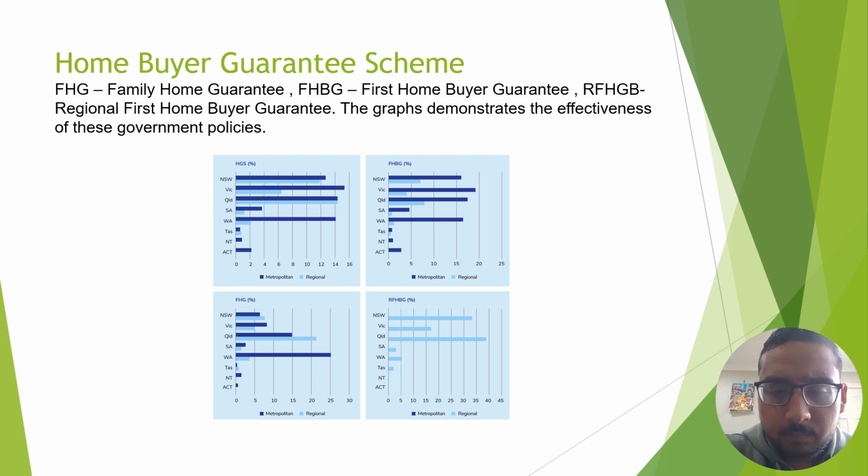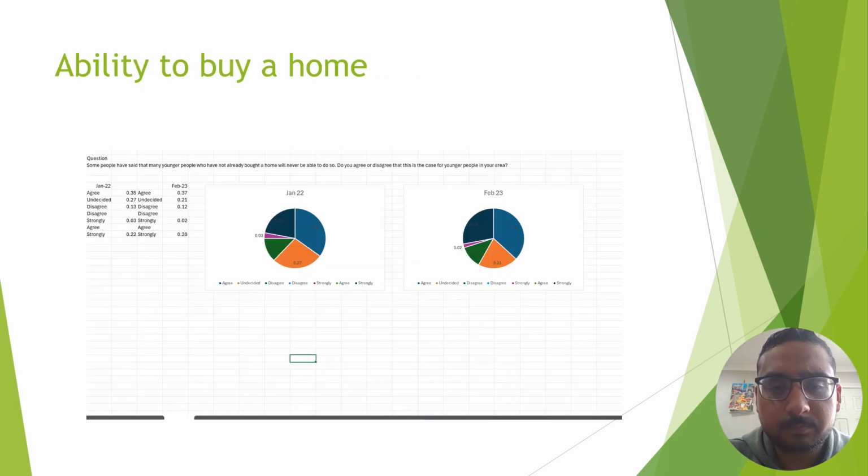And we can see that some of these policies, especially the regional first home buyer scheme, have been more effective, at least in Western Australia and New South Wales, around 20 to 25%. And majorly it has been the home buyer guarantee schemes, around 10 to 12% more effective, which are positive signs for the housing affordability question, as more people can enter the property market in a much simpler way.